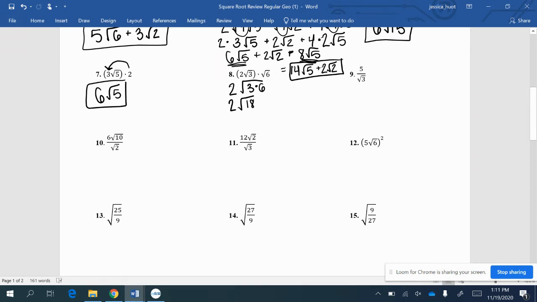Let's check. 18 divided by 4. 18 divided by 9. Yes. So then let's simplify it, because 2 times 9 times 2. The square root of 9 is 3. So 2 times 3 times the square root of 2, or 6 times the square root of 2.